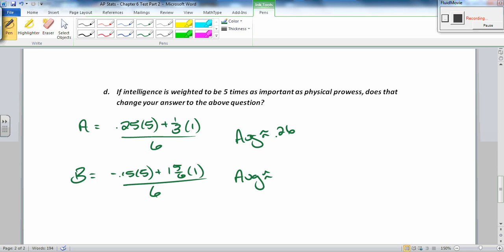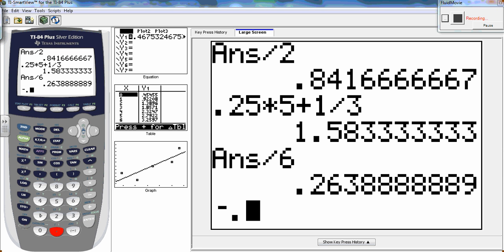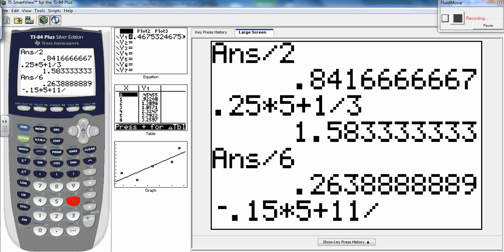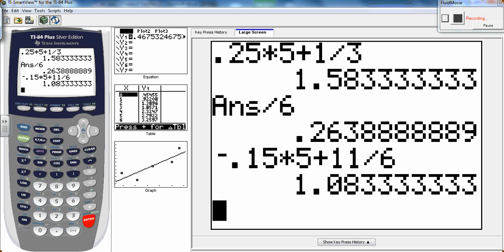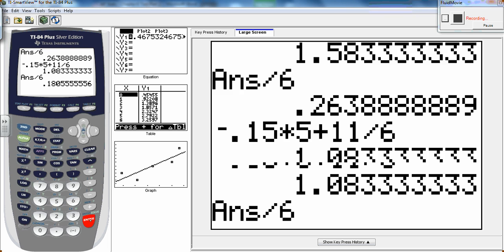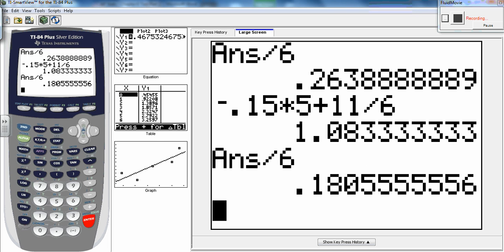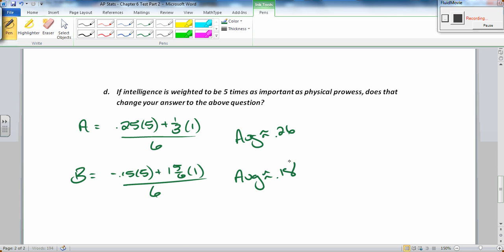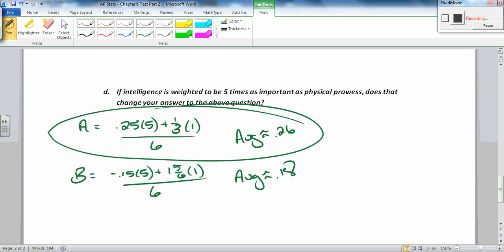For candidate B, we have the negative 0.15 times 5 plus the 11/6. Divide that by 6, and we get approximately 0.18. So, have we changed our answer to the above question? Yes, we have. Because if we weight the intelligence score 5 times as important as the physical prowess, same for candidate B, candidate A is now a better candidate on paper.